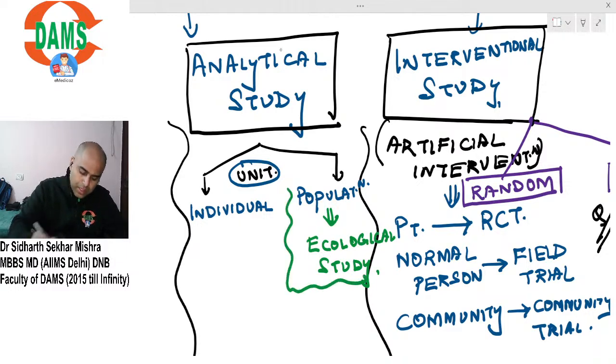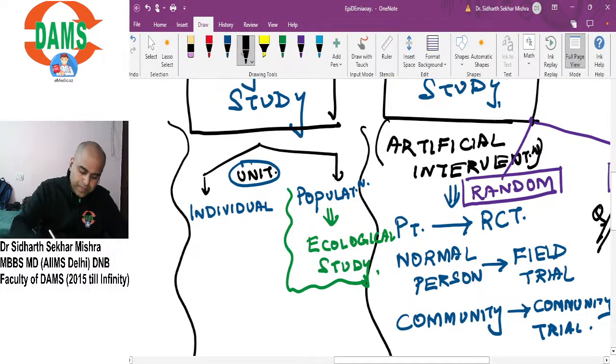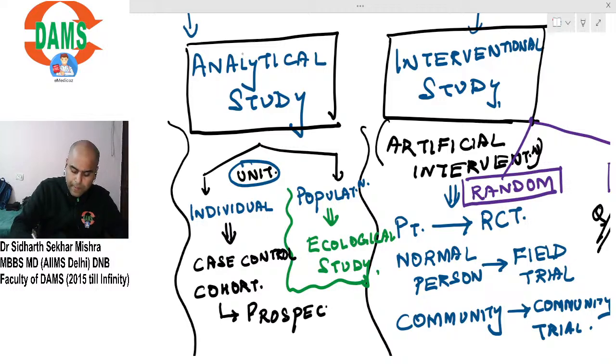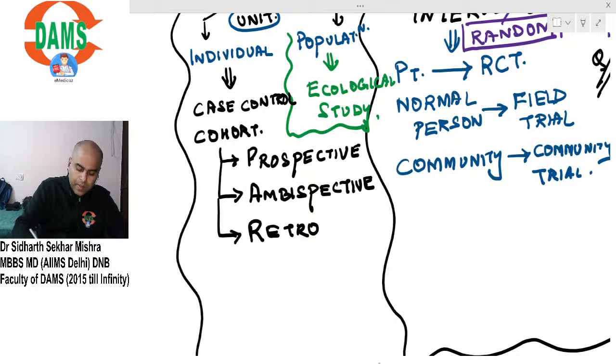Now, if it is individual, it can be a case control, it can be a cohort. In the cohort, we have prospective, also we have advanced cohort.